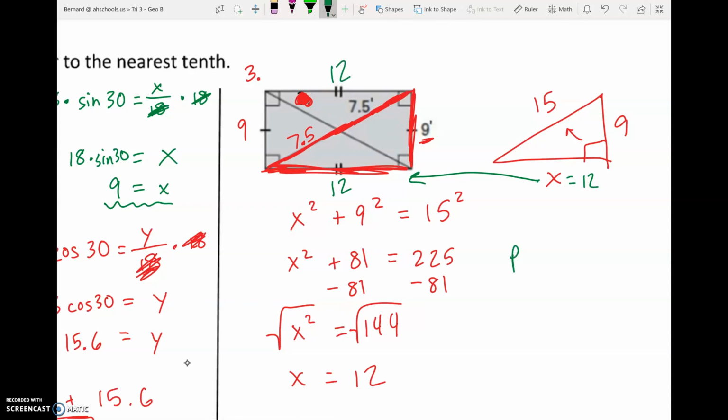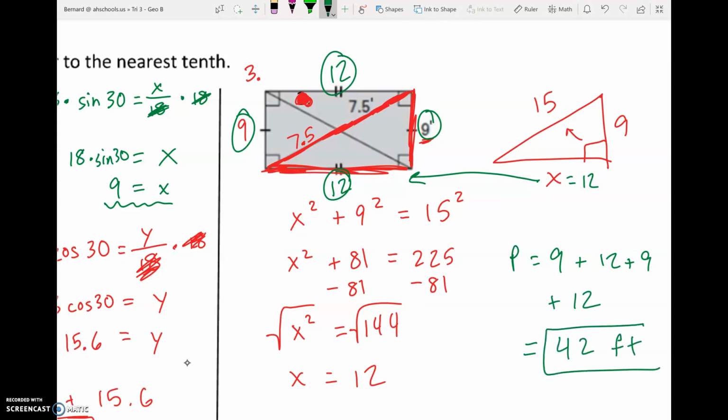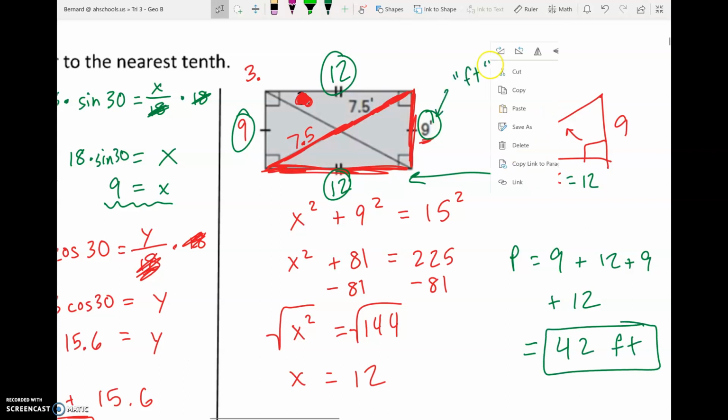And so our perimeter then is simply 9 plus 12 plus 9 plus 12. And when we add those numbers together, we should get 42 feet exactly. The single apostrophe means feet, right?